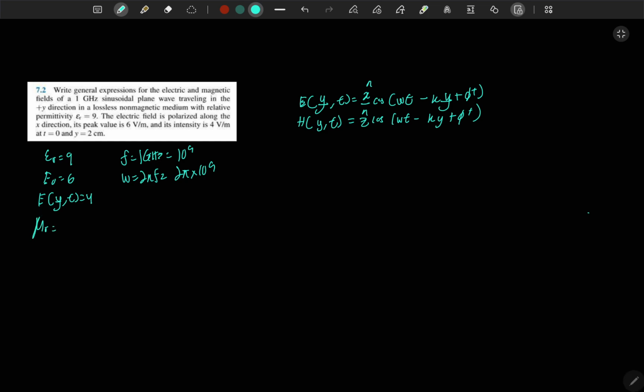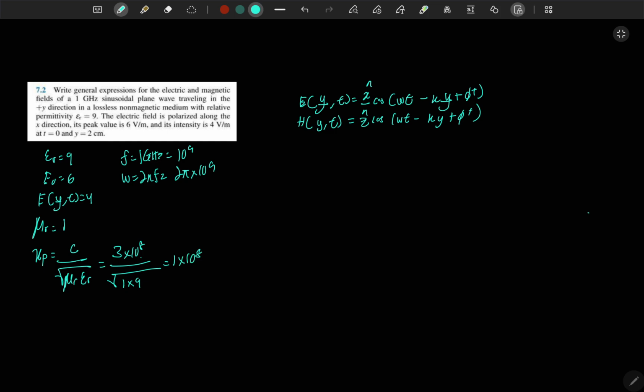For a lossless medium, the relative permeability is equivalent to 1. Now we need to find the phase velocity, up, which is equivalent to c over the square root of permeability times permittivity. We know that it's 3 times 10 to the power of 8 over the root of 1 times 9.